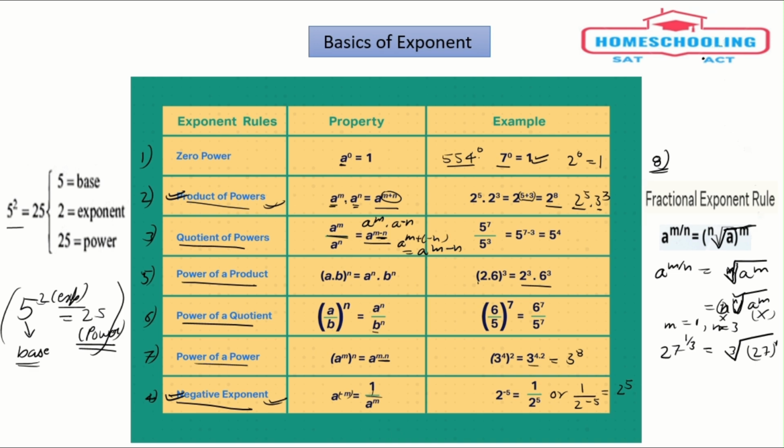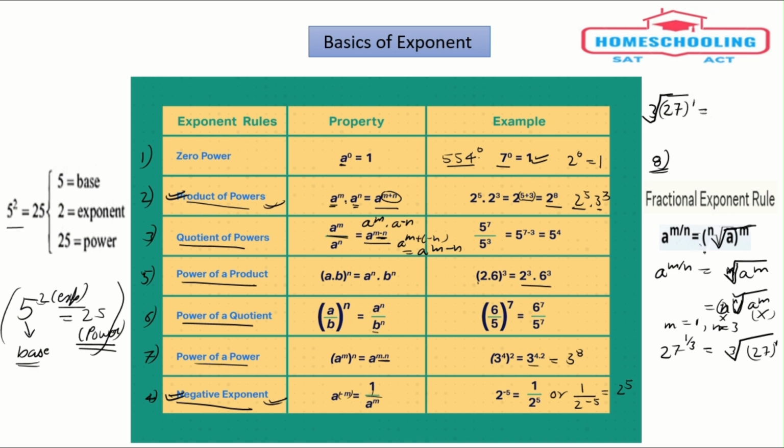Similarly, you can find the inverse of that. If the cube root of 27 is given, we can say that it has a power of 1, because any number to the power of 1 is the same number.